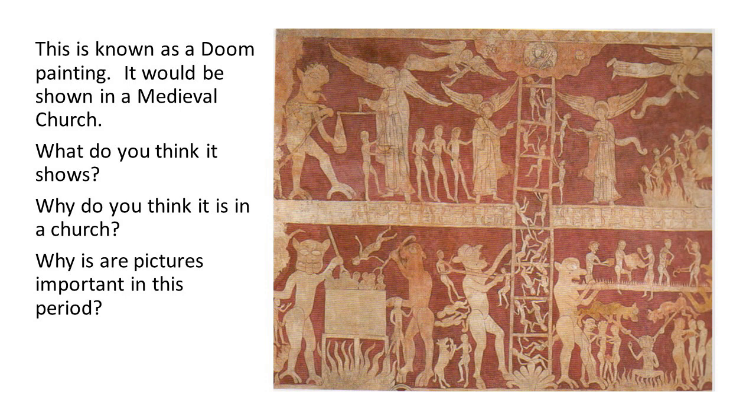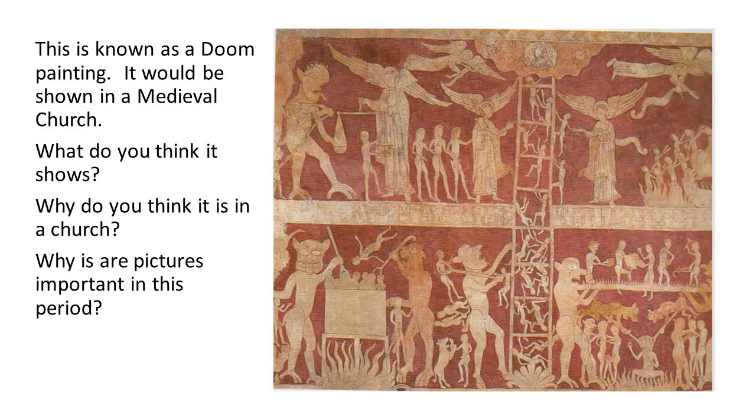And then at the bottom of the picture we can see figures with horns, fire, and maybe spikes and things like that. And they seem to be almost torturing the people. So what we call it is a doom painting, and at the top it's showing heaven, and at the bottom it's showing hell.